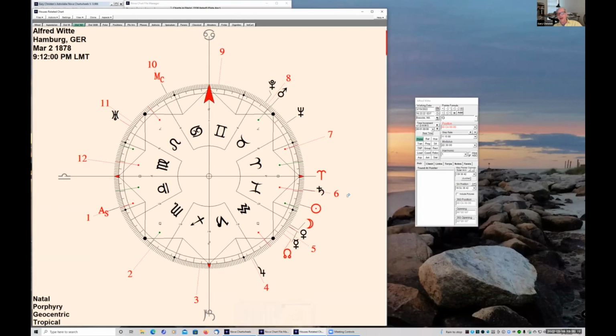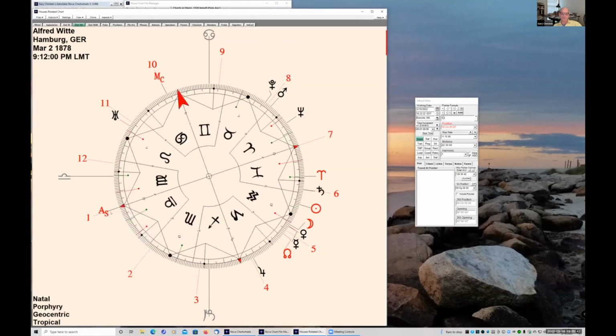This business of the houses, what Witte said was that each one of those personal points carries a framework with it, like a house system. So, for example, right over here, I illustrated the Ascendant as the first house cusp, which is the way the British people would do astrology in the 60s and 70s, where they'd use equal houses off the Ascendant.